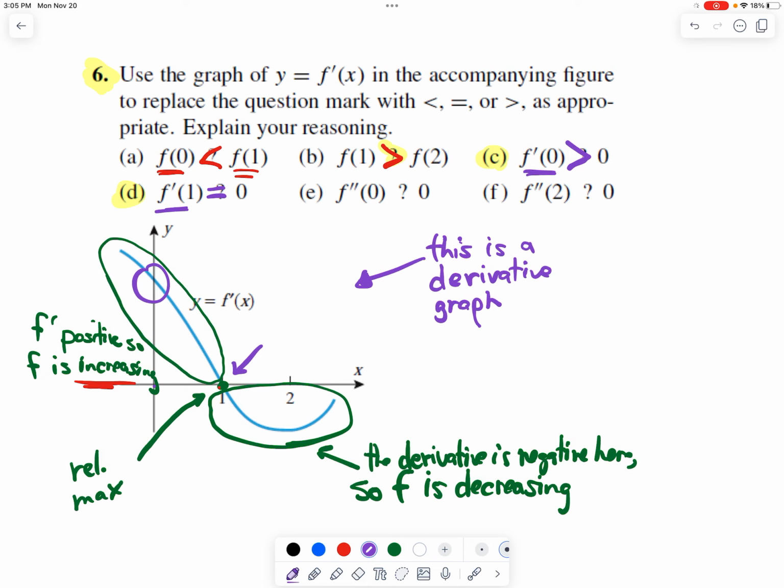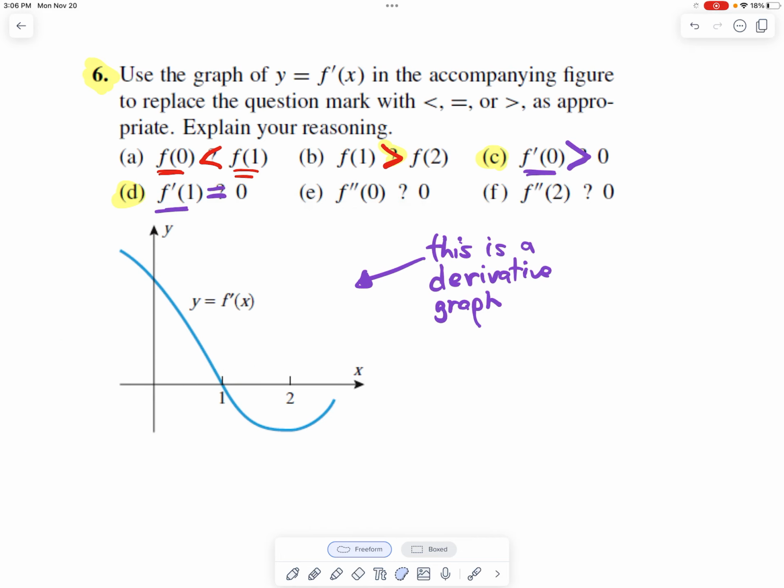Okay, I'm going to erase everything right now because we're going to talk about the second derivative, and I think it might be good to clear stuff. So we look at part E, f double prime of 0. Your eyes should go to the derivative graph and ask, what is the slope of that tangent line at 0?